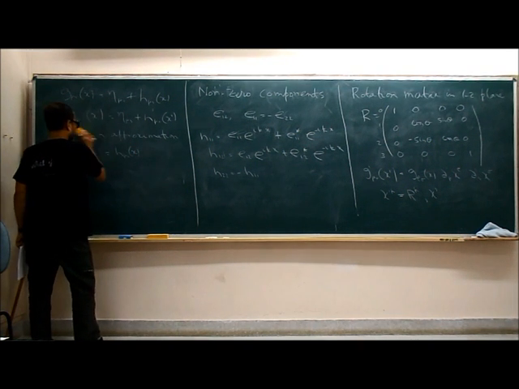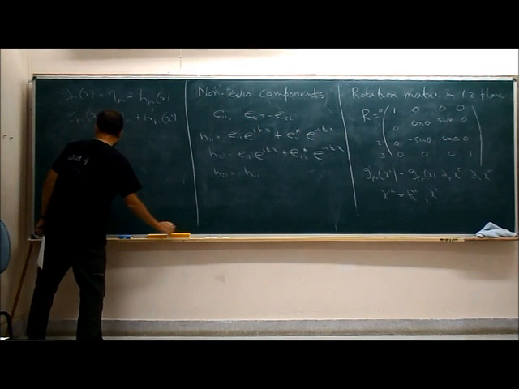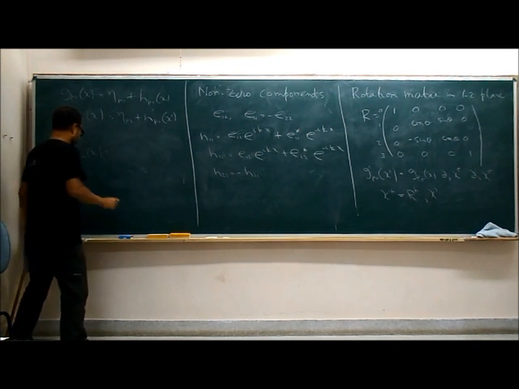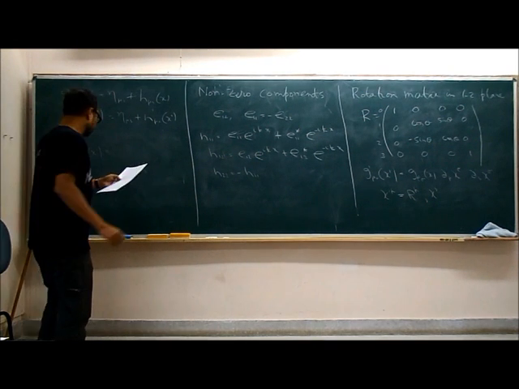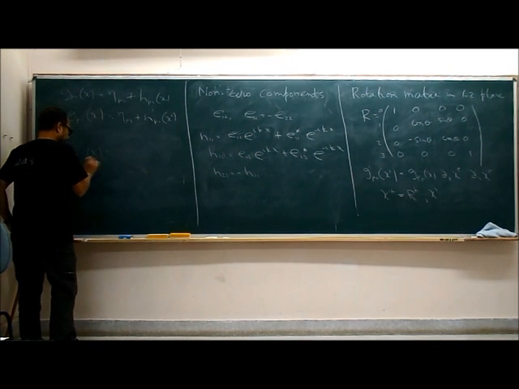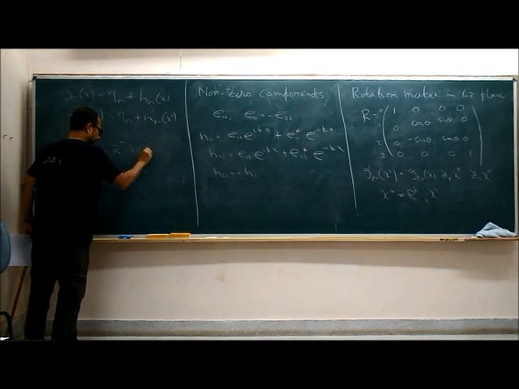It's not necessarily a small x approximation. So R transpose comes in. H prime as a matrix is essentially R transpose H of x R.